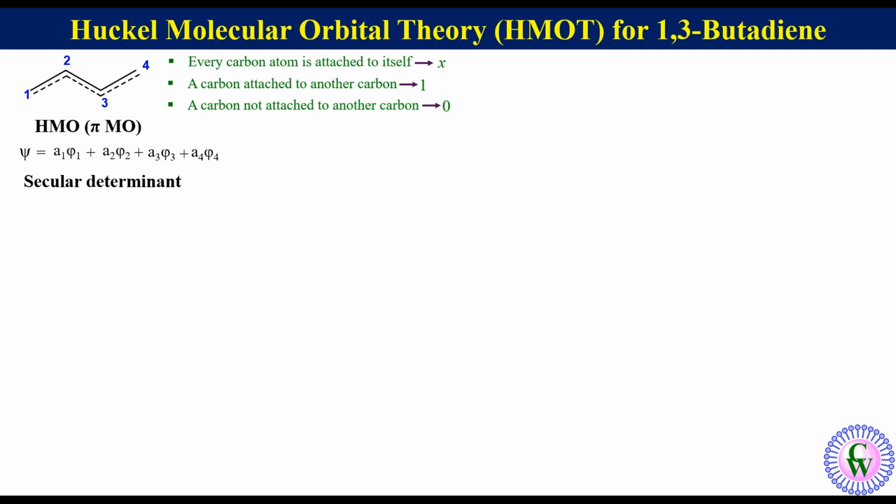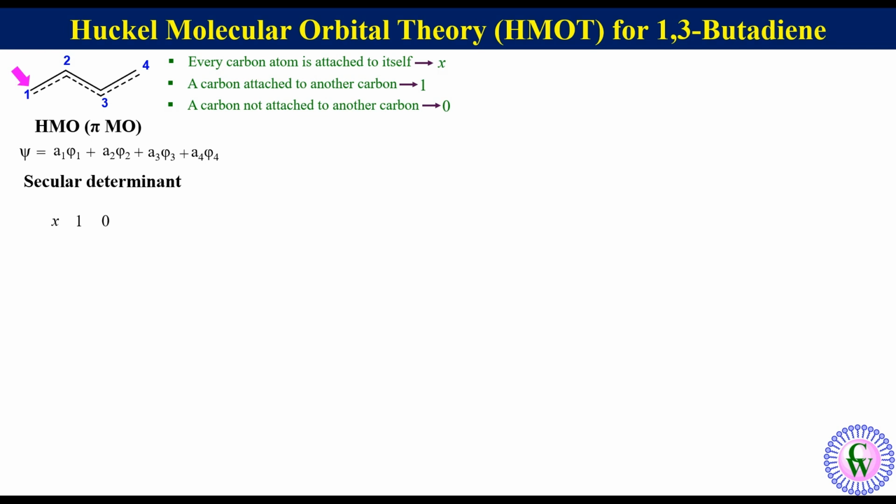Now let's make the determinant. For that, first consider C1. Since C1 is attached to itself, put X here, and C1 is attached to C2, so put 1 here. C1 is not attached to C3, so put 0 here.